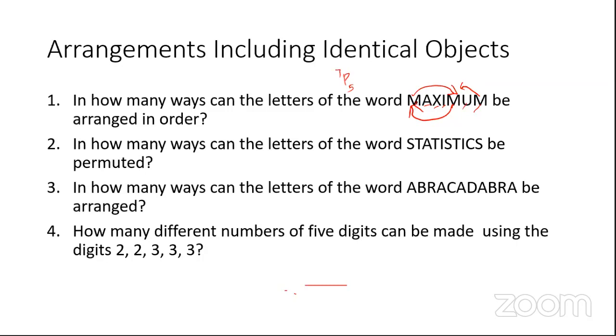In this case, I have M 3 times. Is that clear? So I'm going to divide my answer for 7 permutation 7 by 3 factorial. Let me use a practical example for you.